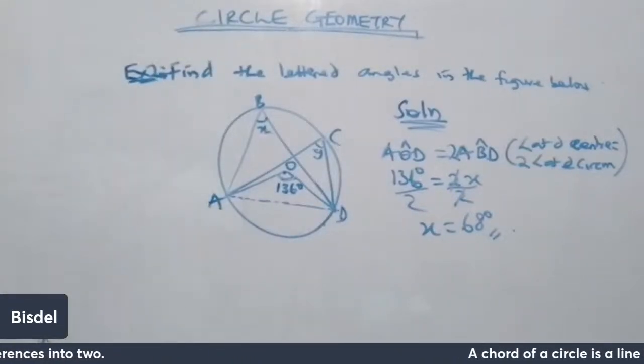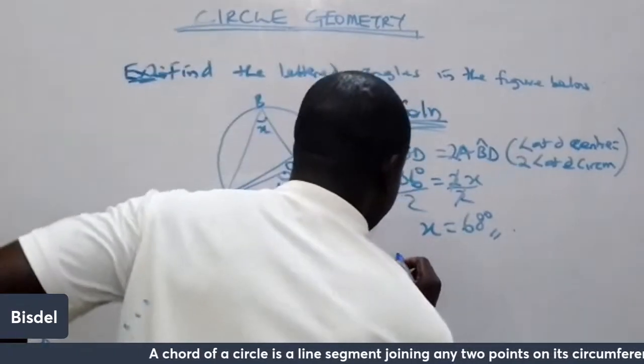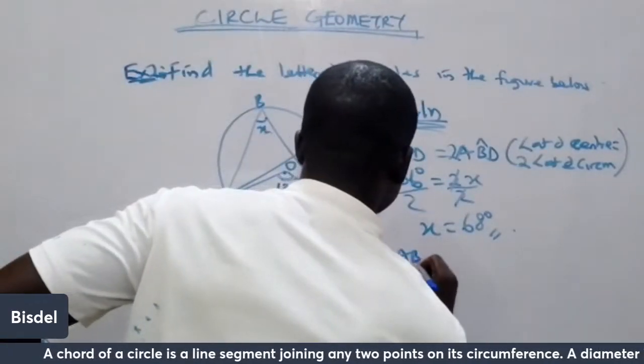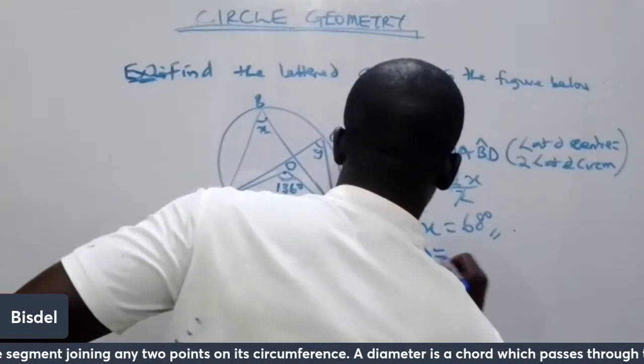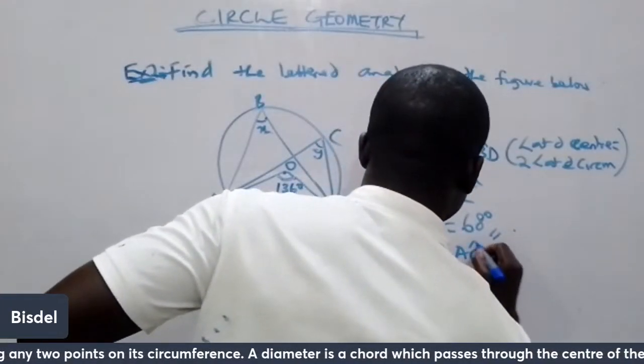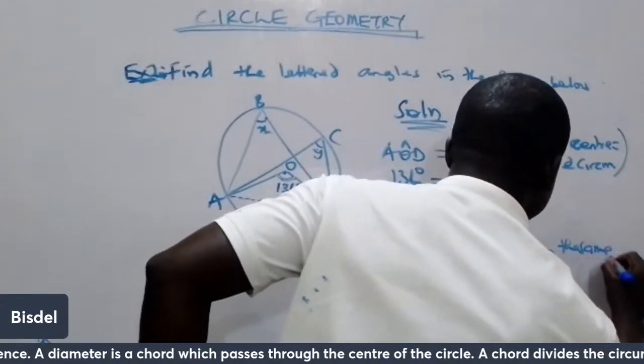Once I know that X is 68 degrees, I can go ahead and find Y. Angle ABD is equal to angle ACD, angles on the same segment.